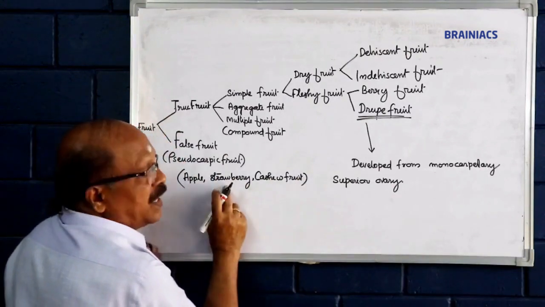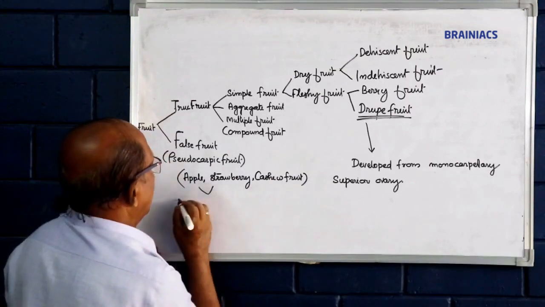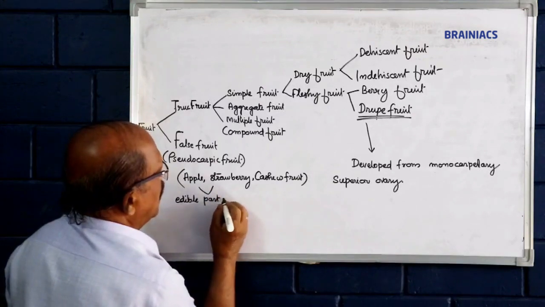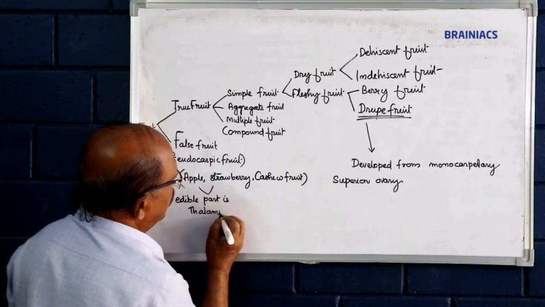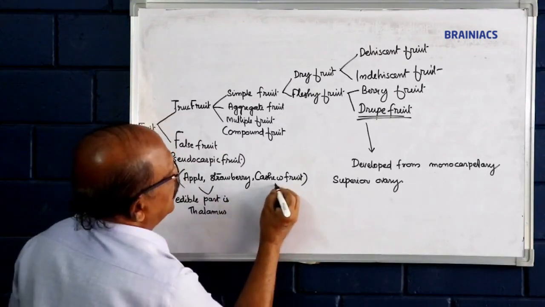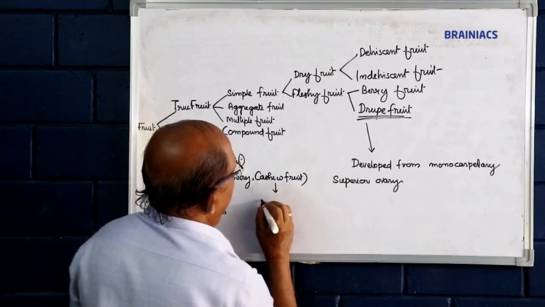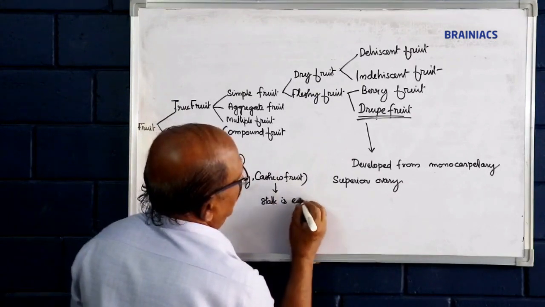In apple and strawberry, the edible part is thalamus. Here in cashew fruits, the fruit stalk is edible.